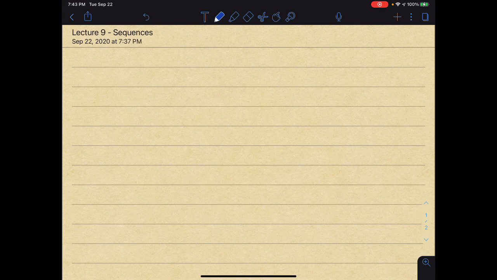So what is a sequence? We can give it the following definition.